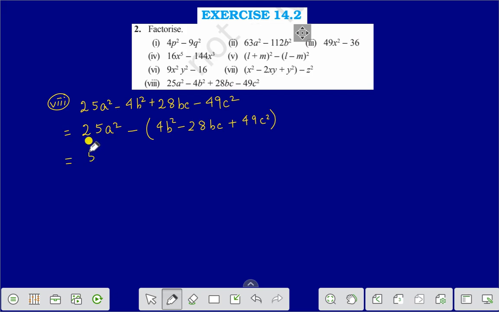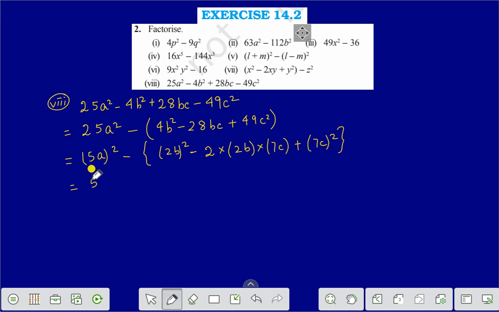Or it can be written as (5a) whole square minus, in the second bracket, (2b) whole square minus 2 into 2b into 7c plus (7c) whole square.